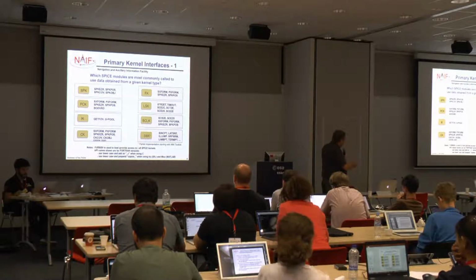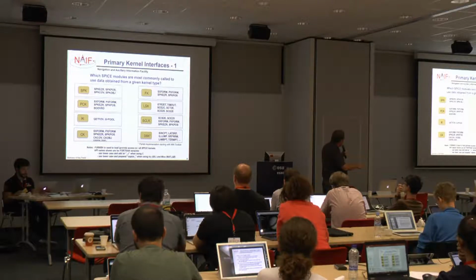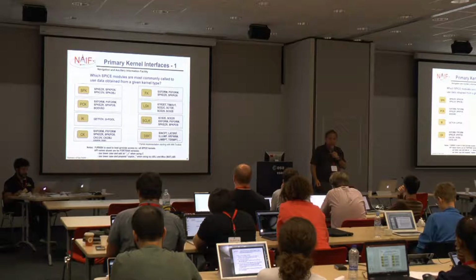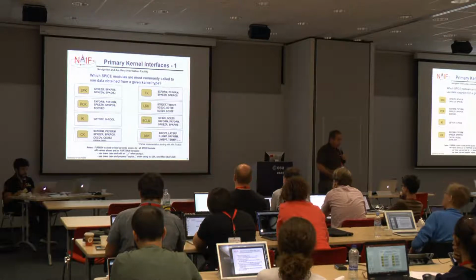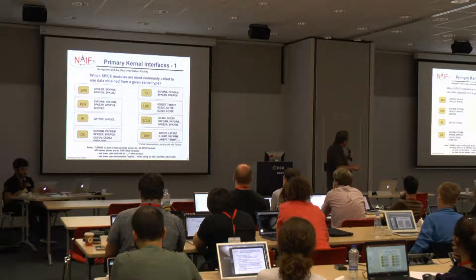And that's what this top box is intended to show. These are the primary high-level user interfaces to SPK files. There are a few more available, and occasionally one of the lower level ones would be useful to you, but these are the primary ones for SPK, and similarly for the rest of the kernels.